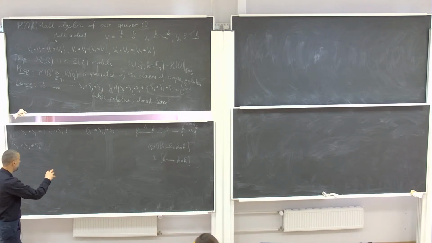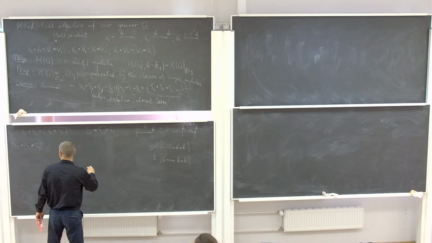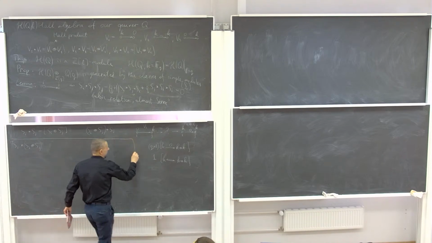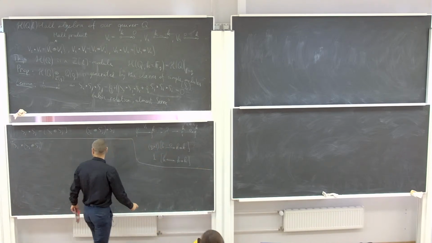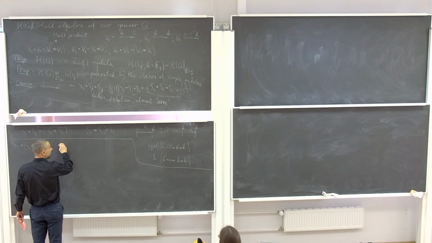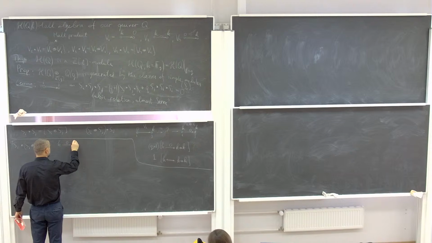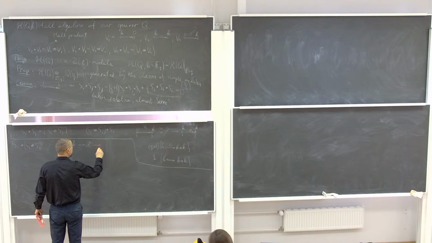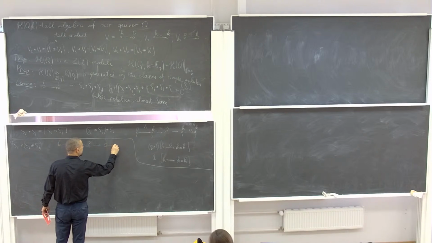So we have the opposite exact sequence: k goes to k, goes to something, goes to 0 to k.